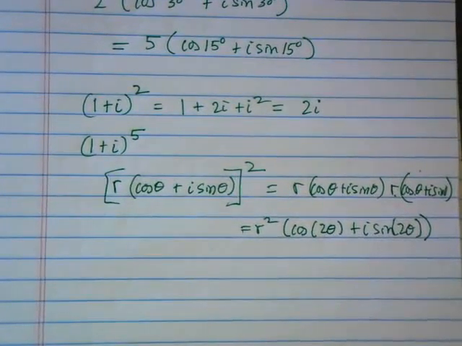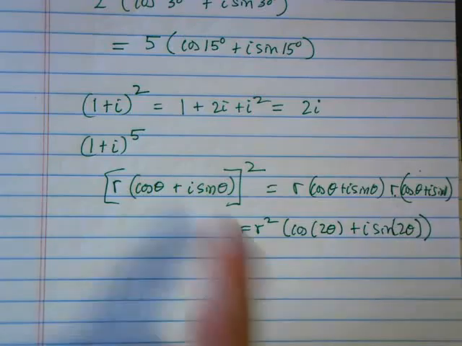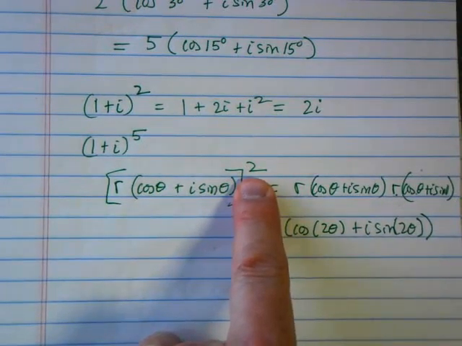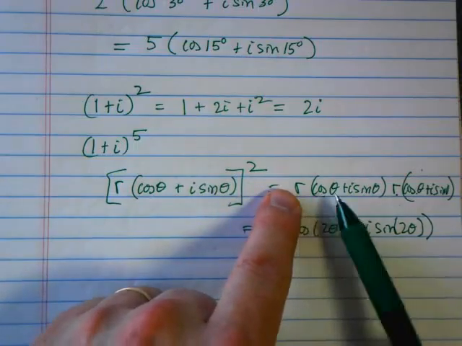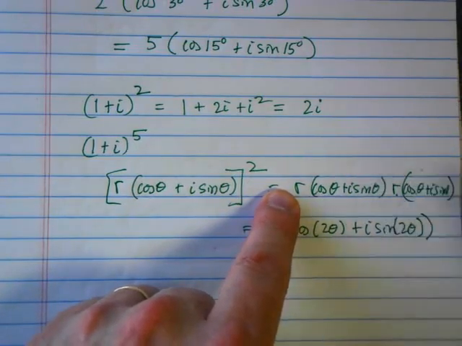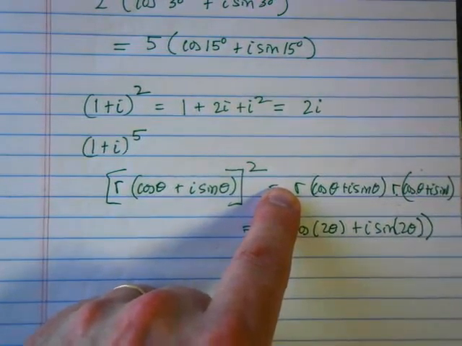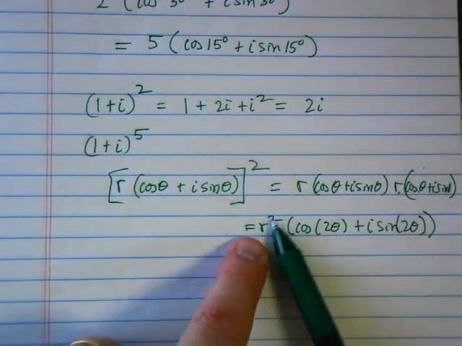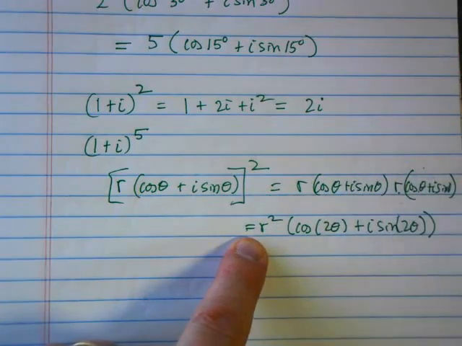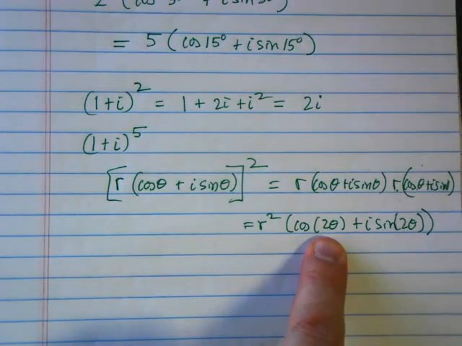Well, what if I was feeling really, really mean and I now change this to a 5th power? So I'm going to have this r cosine theta plus i sine theta written down 5 times. So you're going to end up with r to the 5th. And then you're going to have a cosine theta 5 times. So what are you going to end up with? Cosine of 5 theta.